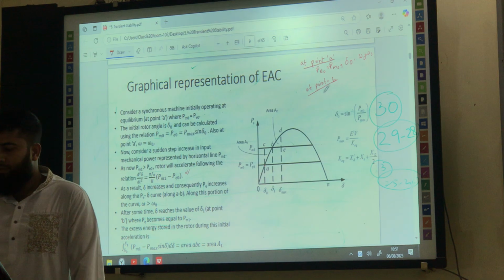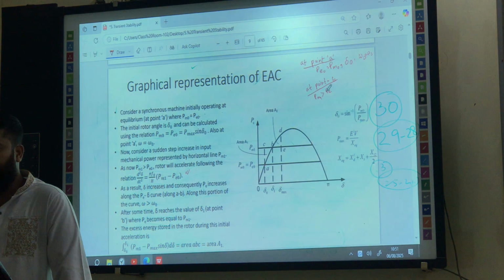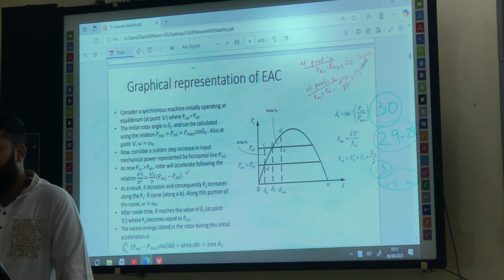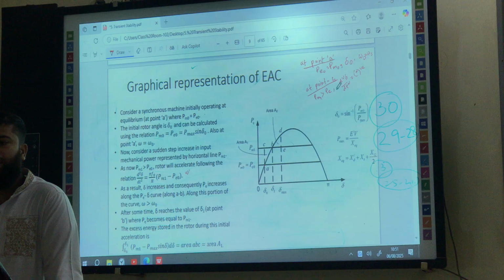Now whenever PM1 is higher than PE, the electric output power, then from this swing equation we can say that the acceleration will be positive, right? That means the rotor will accelerate.